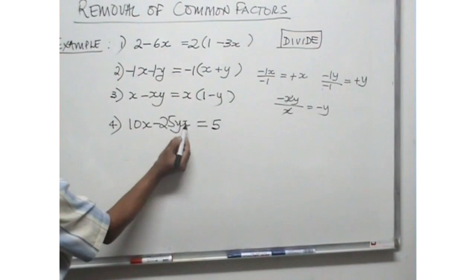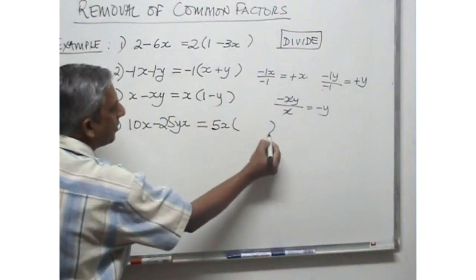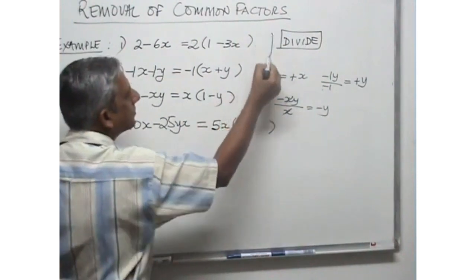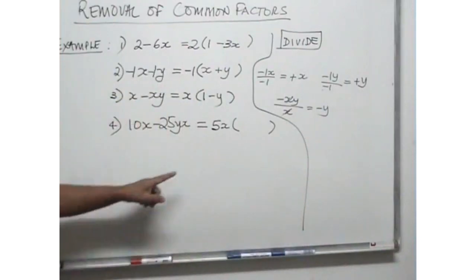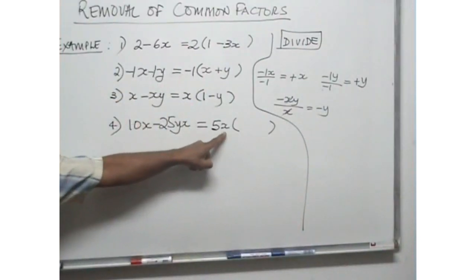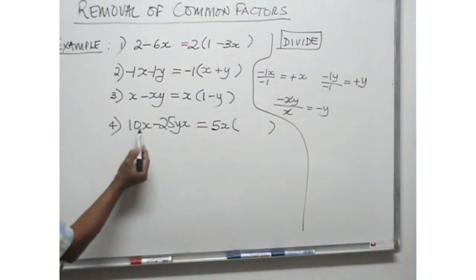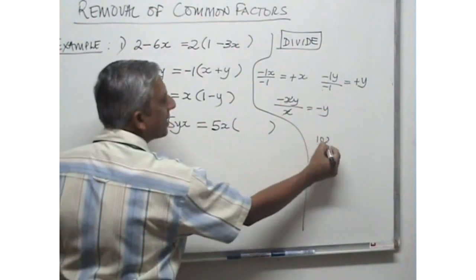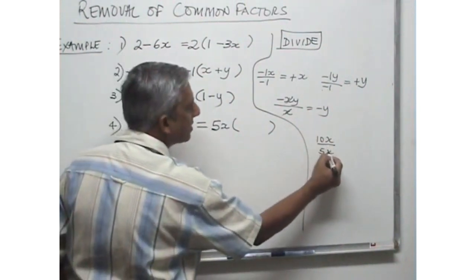For x and xy, the common factor is x. So in other words, now you've got a common factor that's a number and a letter. So what's going to happen? Remember, the keyword is divide. You're going to divide 10x by the common factor, which is 5x.